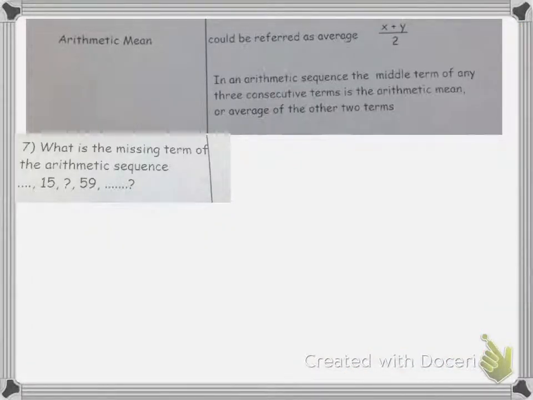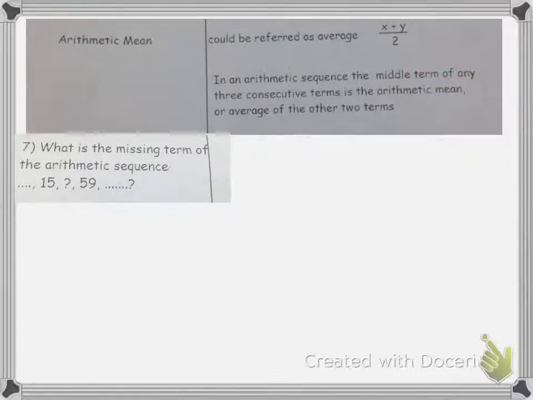Now, if there's only one missing term in the sequence, you can use the arithmetic mean to find that missing term. The middle term of any three consecutive numbers is the arithmetic mean, or the average of the other two numbers.